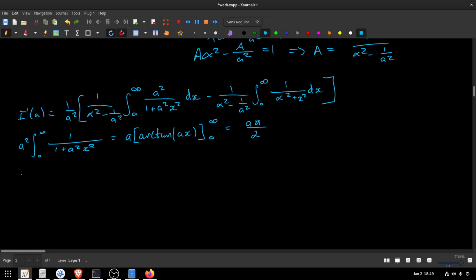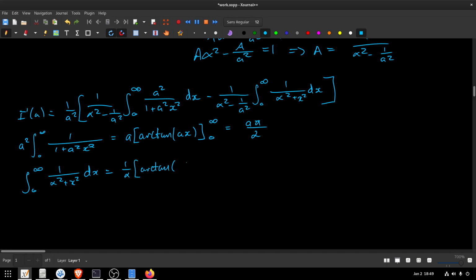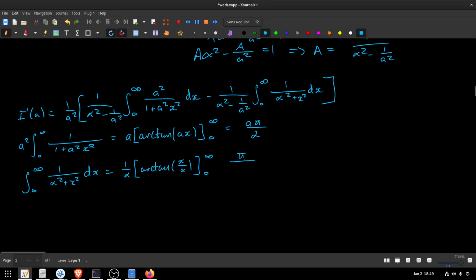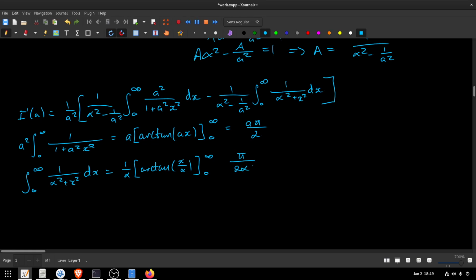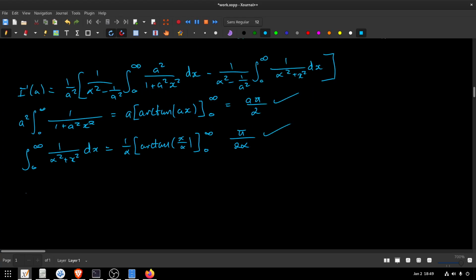Our second one is just the integral 0 to infinity of 1 over alpha squared plus x squared dx, where we have a 1 over alpha out front, also arctan of x over alpha from 0 to infinity. And this is just going to be pi over 2 alpha. Cool, so these are our two lovely simple integrals done.